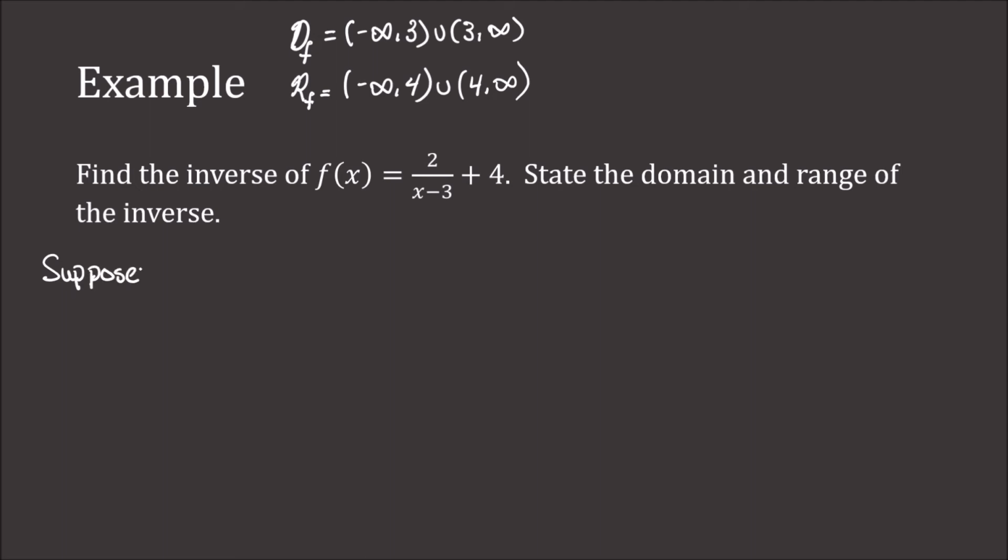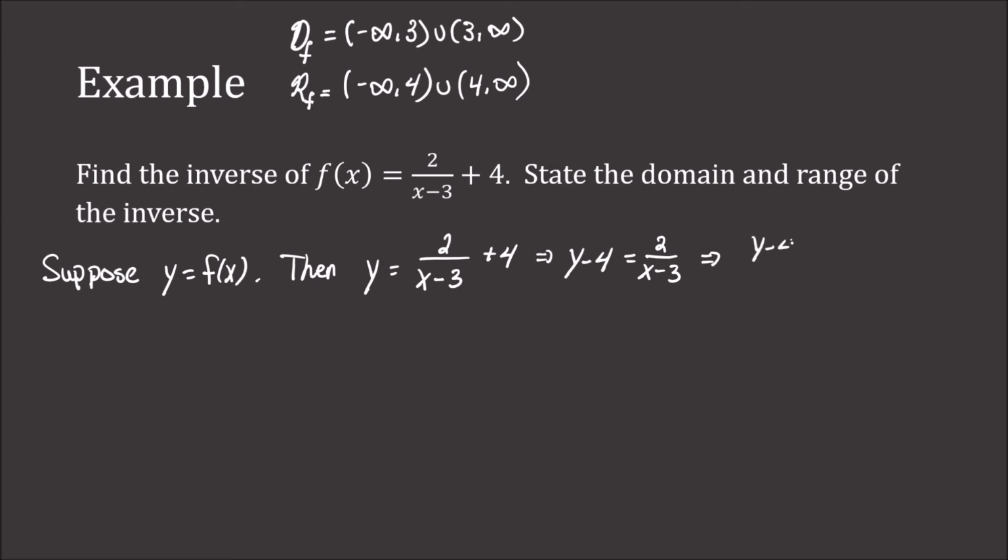So now to determine the inverse, suppose that y is equal to f of x. Then this of course means that y would be equal to 2 over x minus 3 plus 4. Now let's solve for x, because we're trying to find this specific x value. So subtract 4, we have y minus 4 is equal to 2 over x minus 3. If we divide by 2, we get y minus 4 over 2 is 1 over x minus 3.